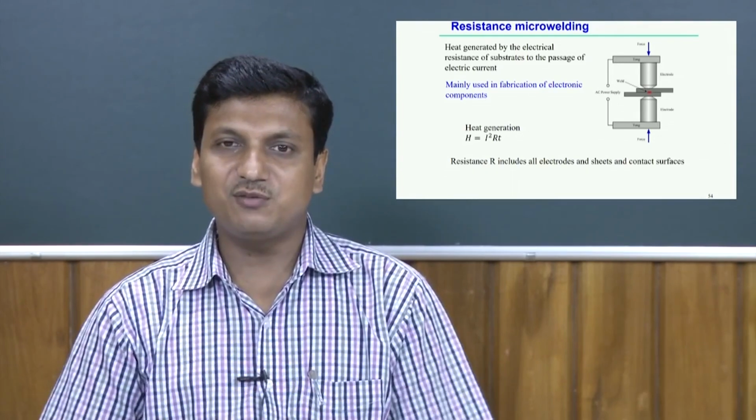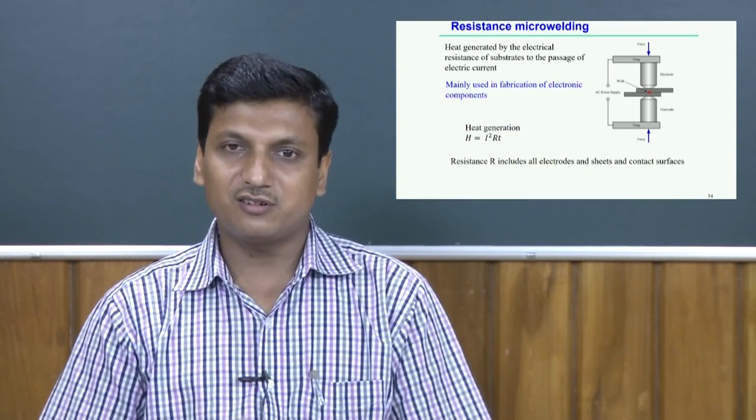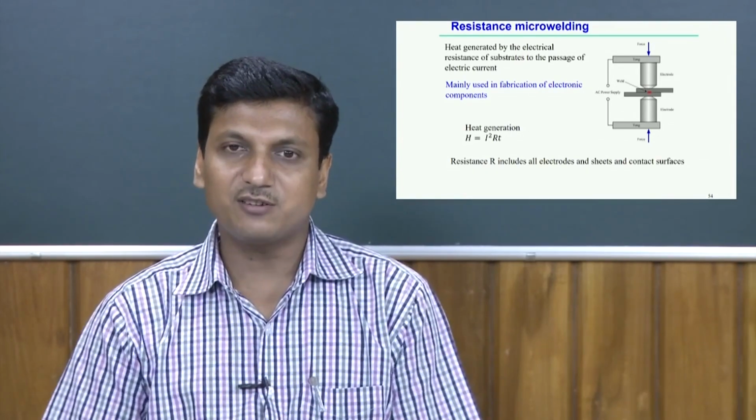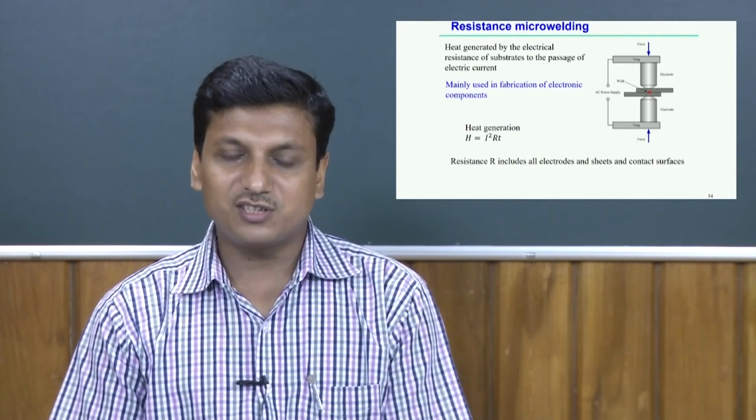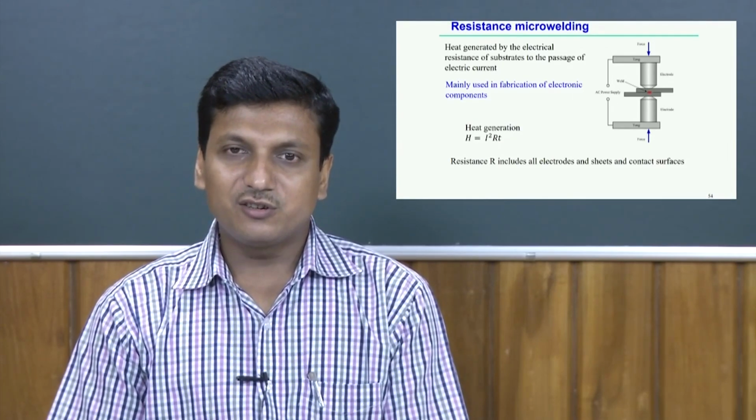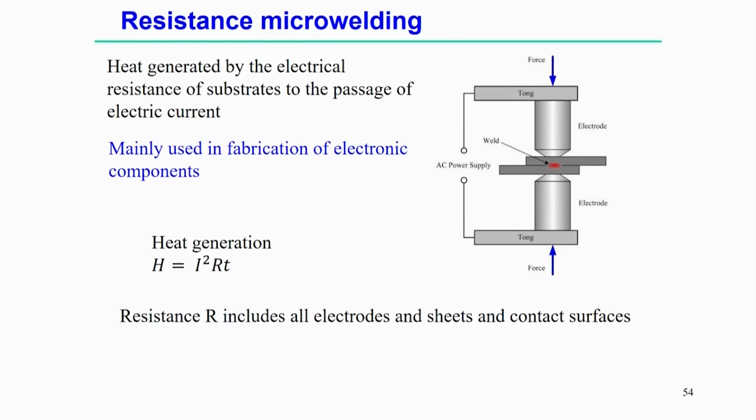Resistance exists between several contact surfaces as well as within the bulk metal itself. If we include all the resistances, heat is generated by the formula H equals I squared R T, where I is the applied current, T is the time duration, and R is the resistance. R should consider all the resistance of the contacting surfaces of the circuit.